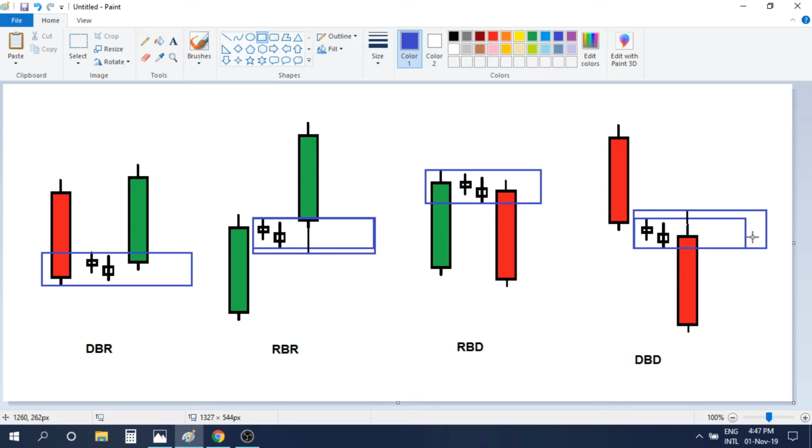So this would be the correct supply zone. So just rewind the video if you are a bit confused or if you want to take notes. Zone marking is important. As you gain experience, of course, you will figure out your own style of zone marking. So this is how the zones are marked.